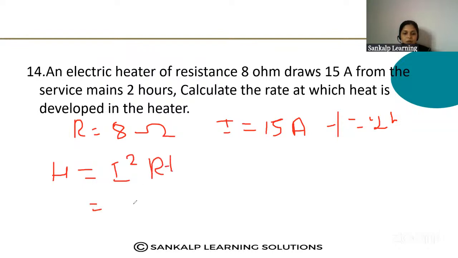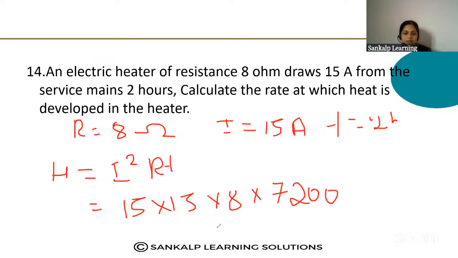Here H is equal to I square, that is 15 into 15, times R, 8 ohm, which is 1800. And 2 hours in seconds is 7200 seconds.